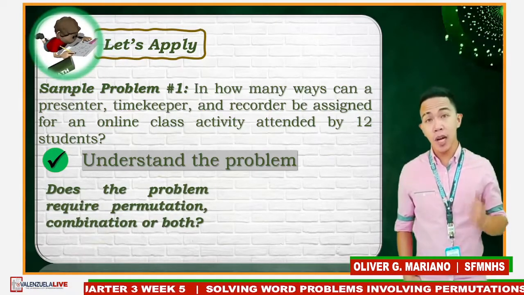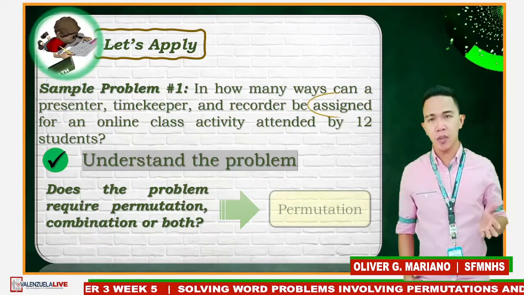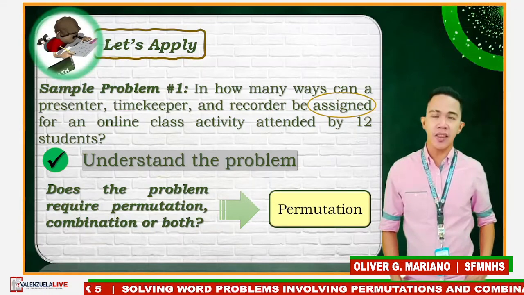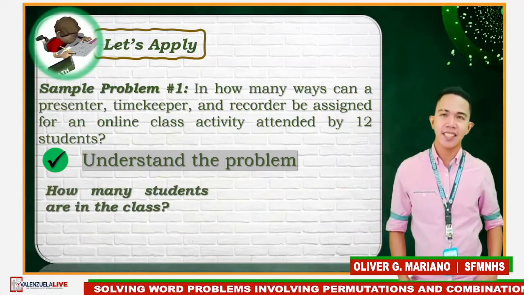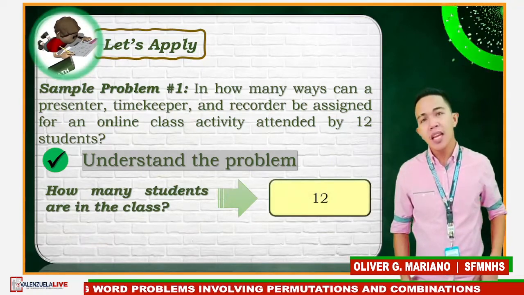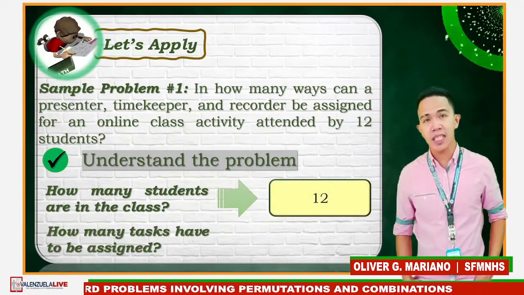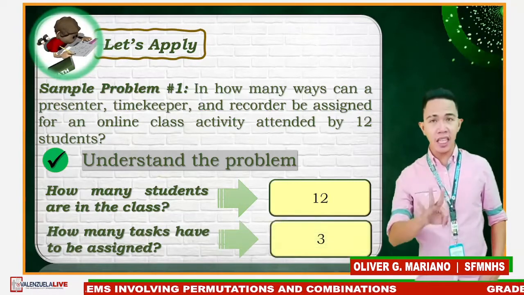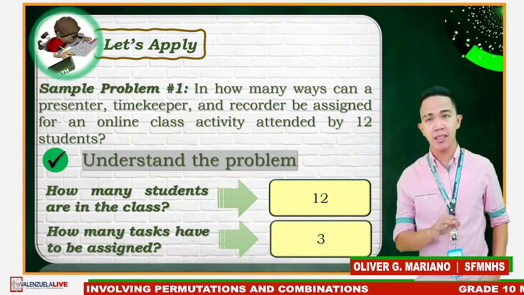Okay, the problem requires permutation. How many students are in the class? Yes, there are 12 students in the class. How many tasks have to be assigned? All right, there are 3 tasks to be assigned.